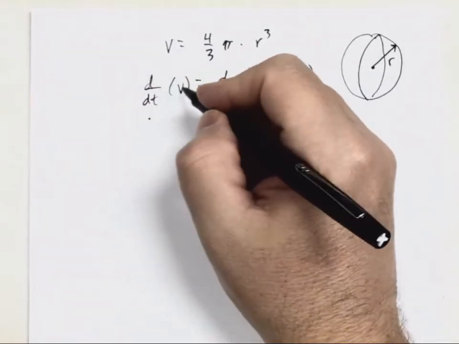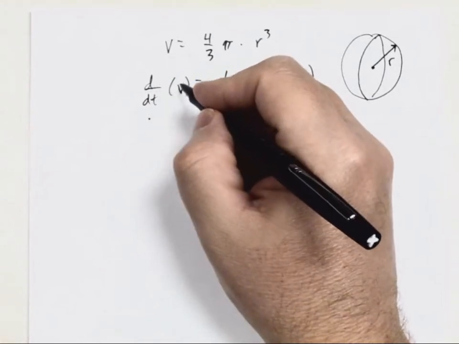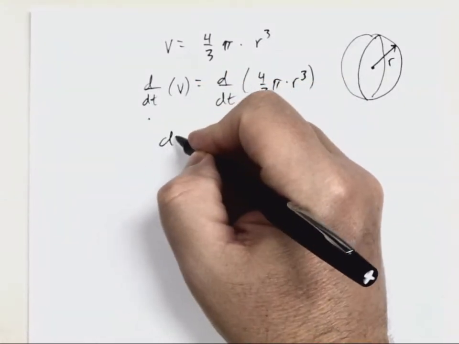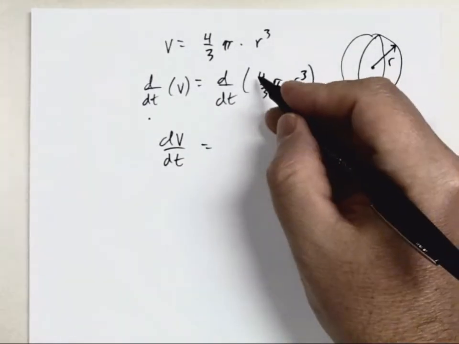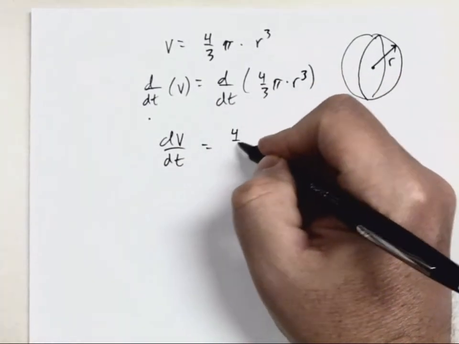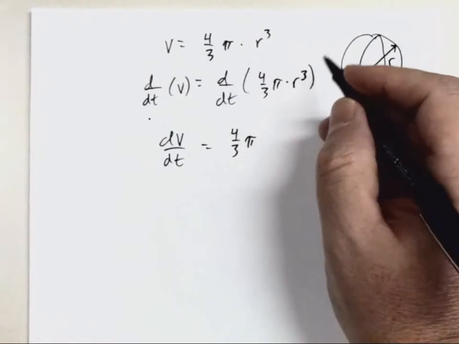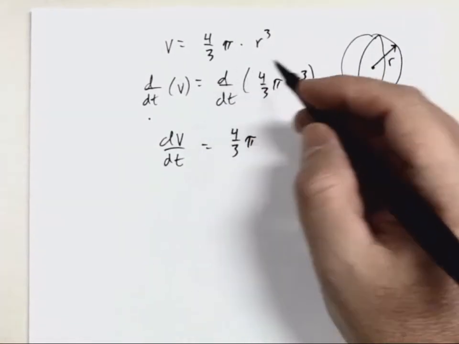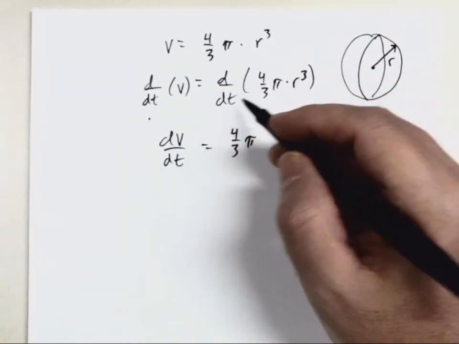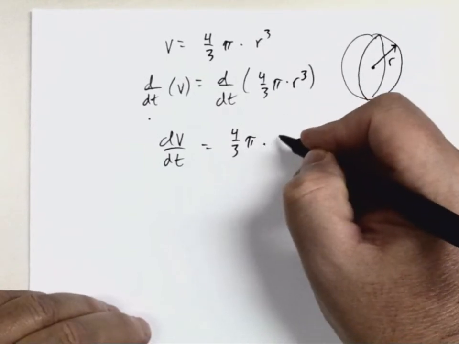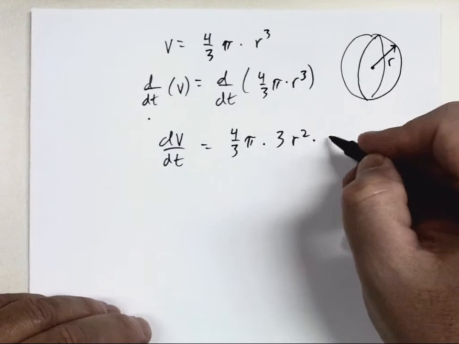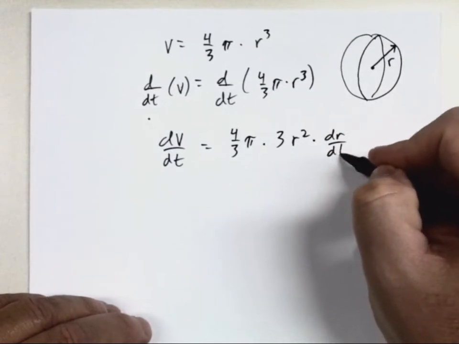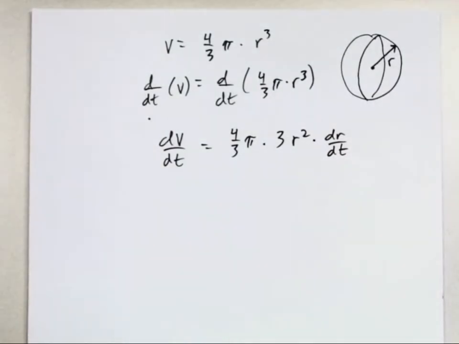So for instance, the derivative of V, since V is different than t, ends up being dV/dt. 4/3 pi, those are just constants, I can pull those out. The derivative of r cubed with respect to time, you do the normal derivative rules, but then you have to multiply when you're all done by dr/dt.